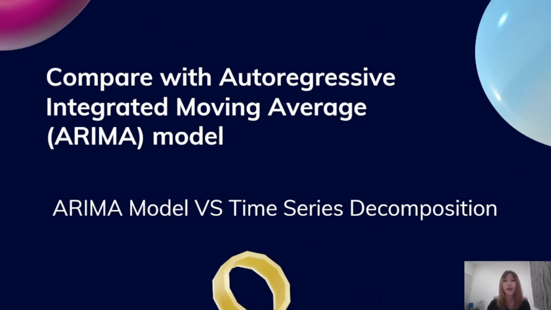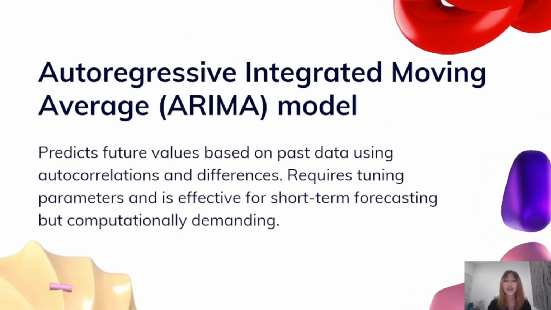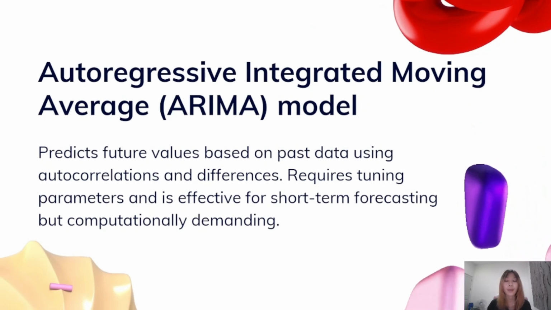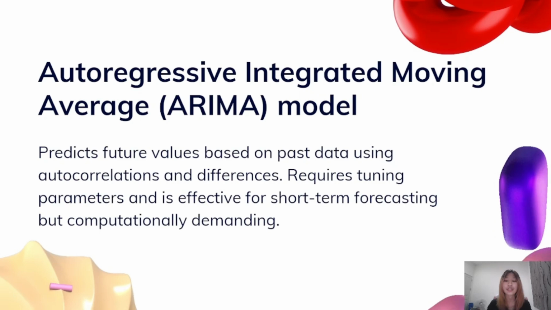Next, I will compare the time series decomposition with the autoregressive integrated moving average, or ARIMA, model. The ARIMA model will predict future values based on past data and analyzing autocorrelation and differences.